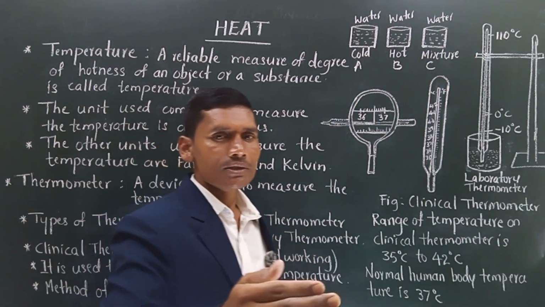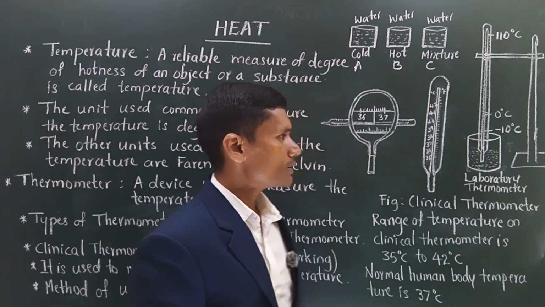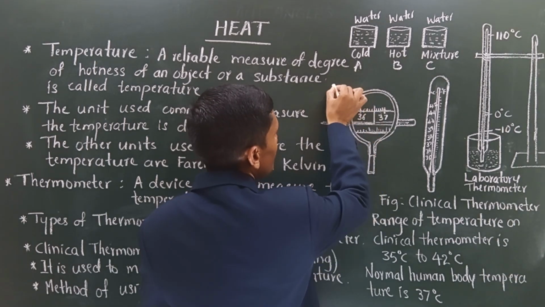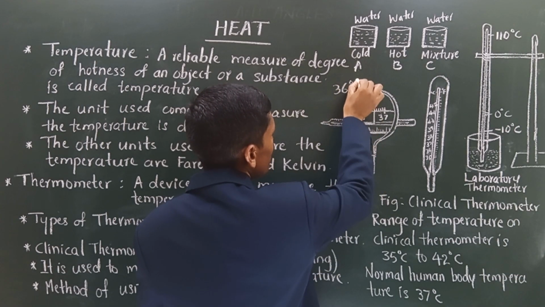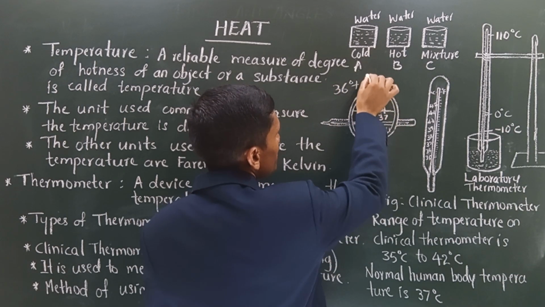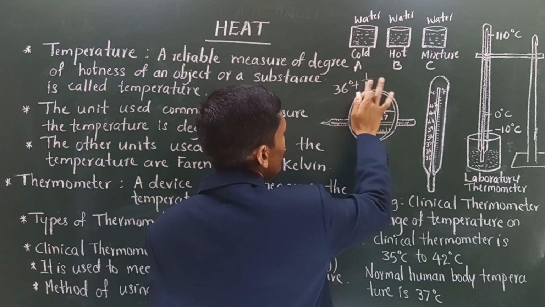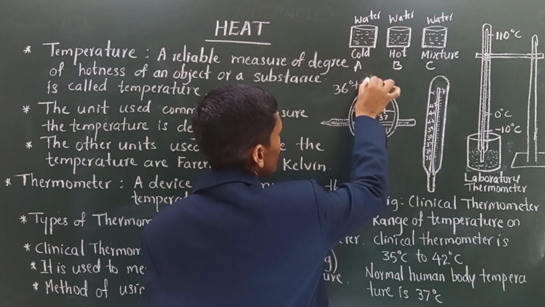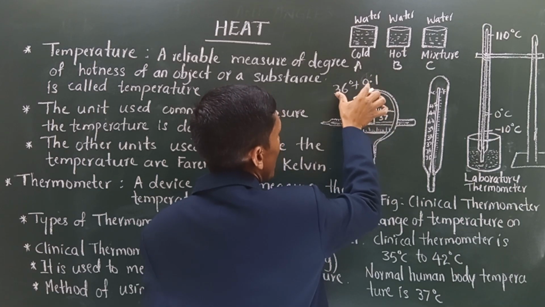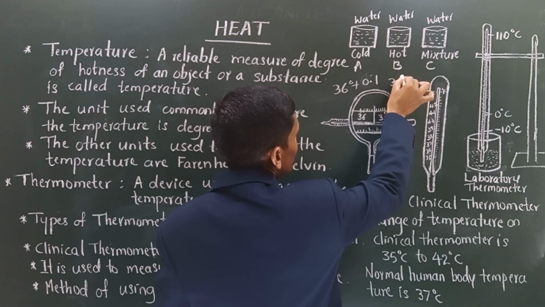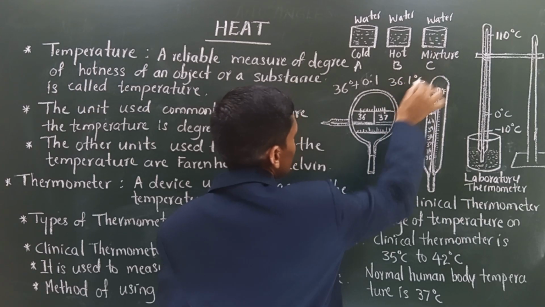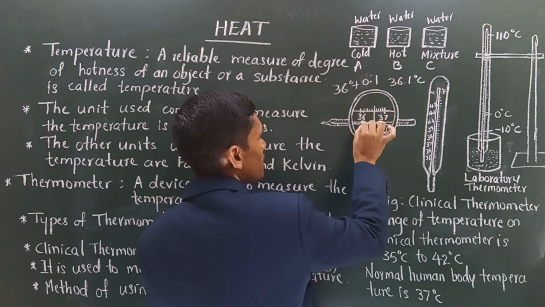That is just divided into 10 equal parts. So the first one is 36 degrees Celsius plus this one division, meaning 1 out of 10. Instead of 1 by 10, we can write this as 0.1. If we add both together, this will be 36.1 degrees Celsius in case the mercury thread is stopping here.